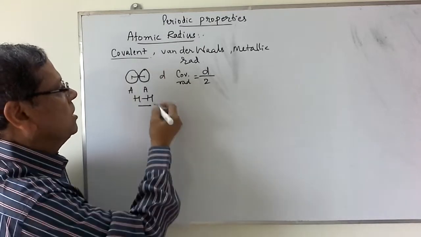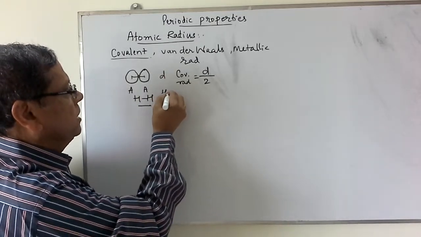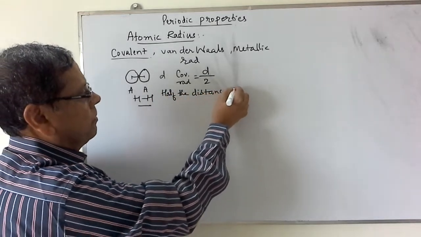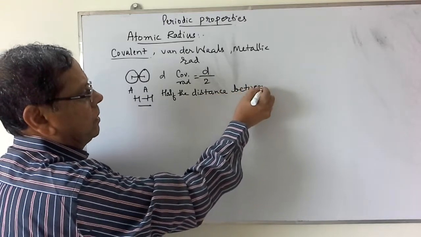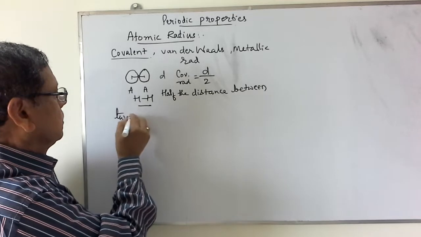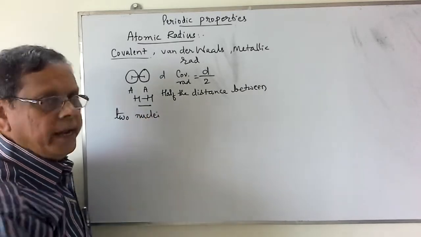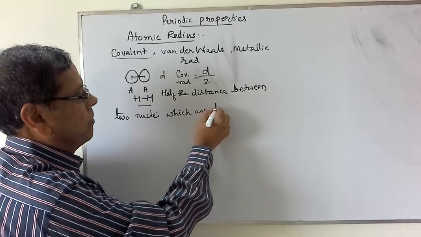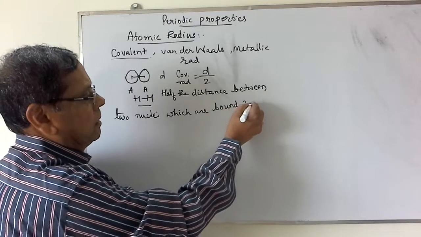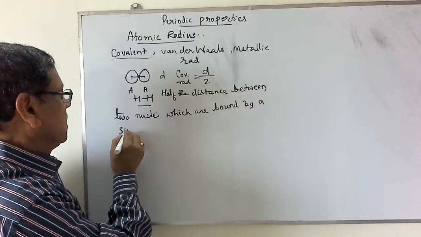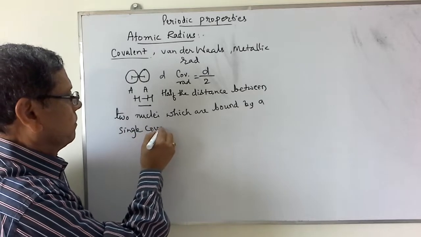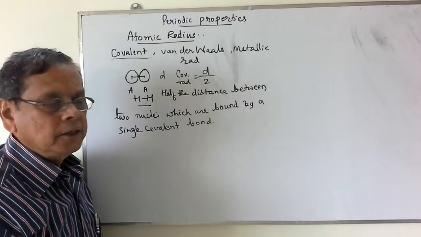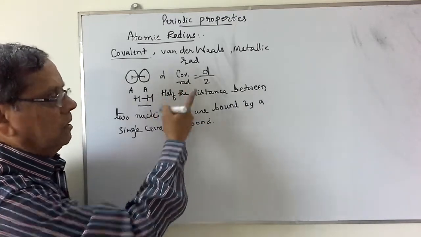So one way of defining this radius is half the distance between two nuclei which are bound by a single covalent bond. So this is one method to define this radius.